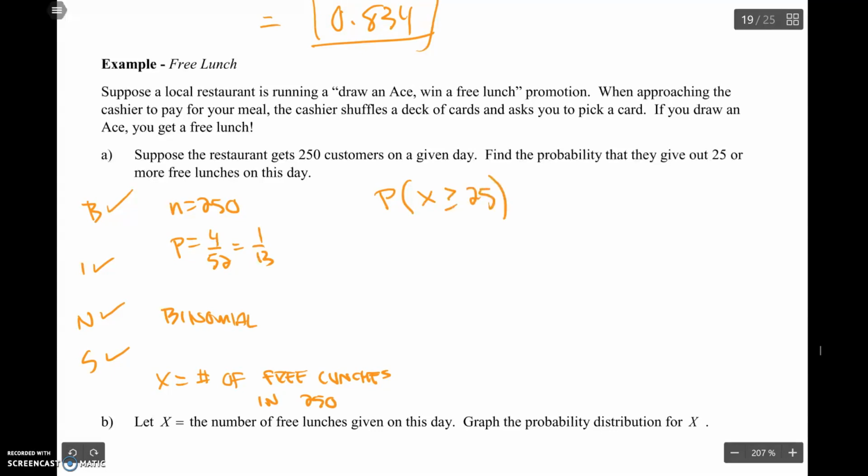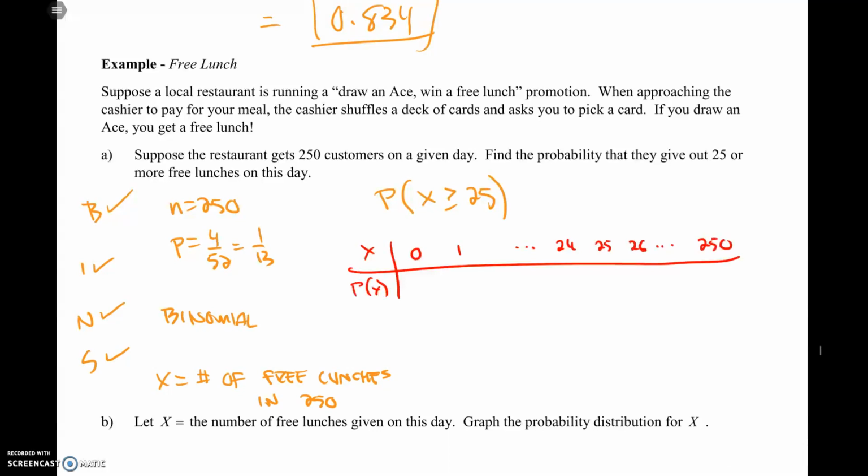So if I were to draw this distribution out, I might give away 0 lunches or 1. I might give away 24 or 25 or 26, and I could give away as many as 250. Very unlikely that we give out exactly 250 lunches. Everyone would have to get an ace. So 25 or more is going to be this outcome all the way up to there.